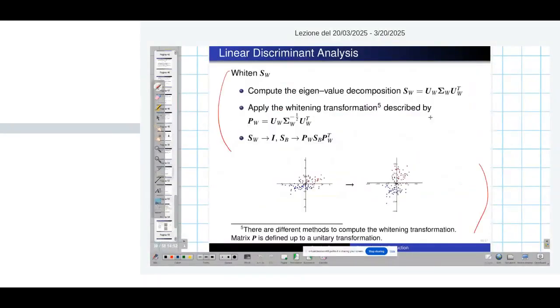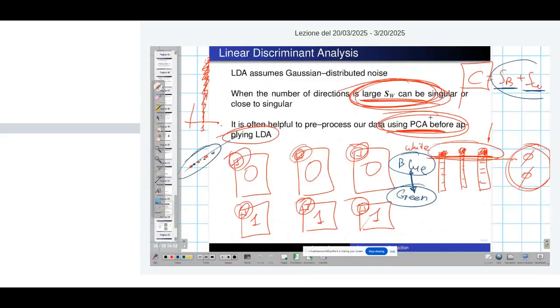Typically, in this case, when SB over a direction is large and SW over the same direction is small, the problem is more numerical than really a problem from the point of view of LDA. That's a direction that I want to keep. Probably I cannot directly invert SW to find the solution.